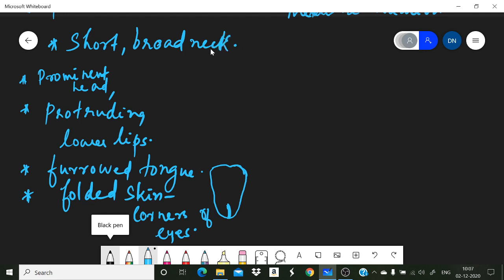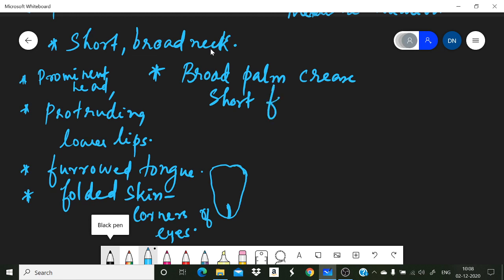I think all the symptoms are there in your textbook also. Another symptom is a very broad palm crease, a widened palm crease with very short fingers.